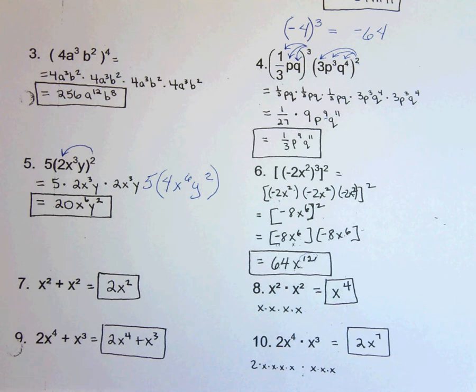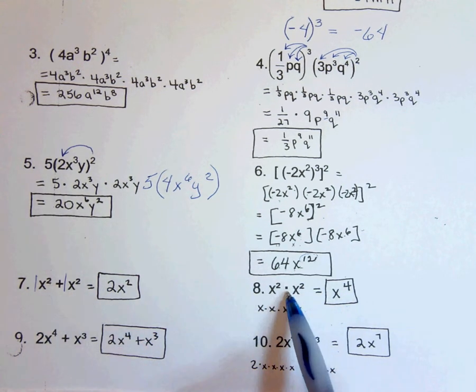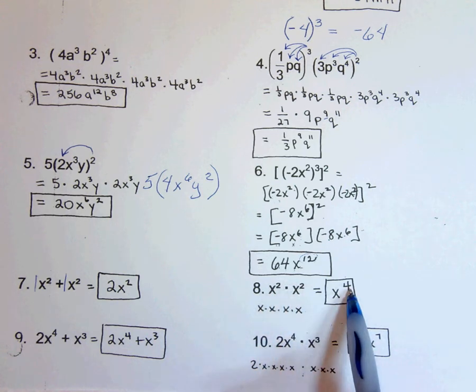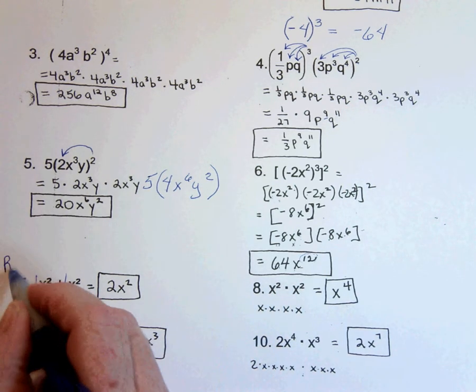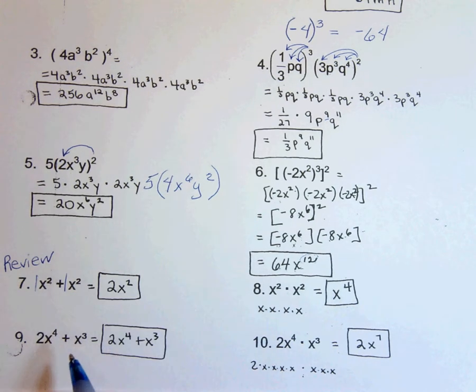Okay. 7, 8, 9, and 10 is just remembering back that you're adding. You just add the ones in front. Multiplying, you add the 2 together. So 7, 8, 9, 10 is a little bit of review, different than the first 6 problems. This you can't combine because this has an x to the 4 and this is x to the 3.